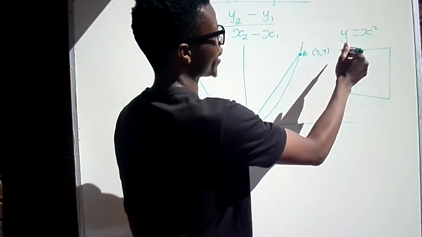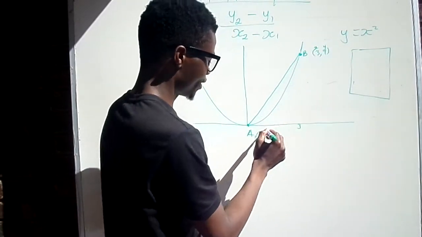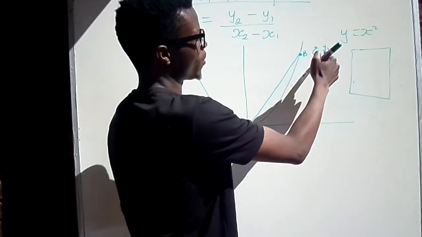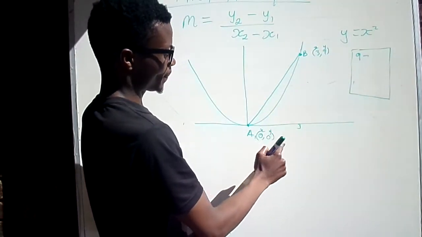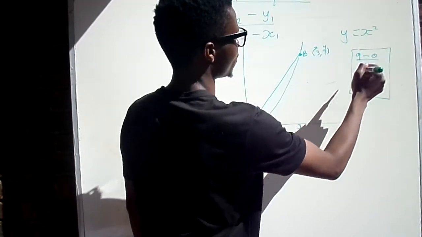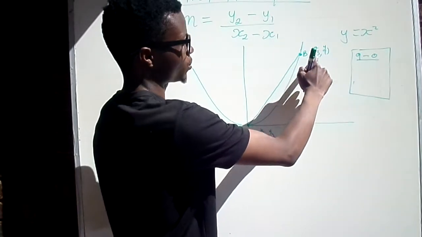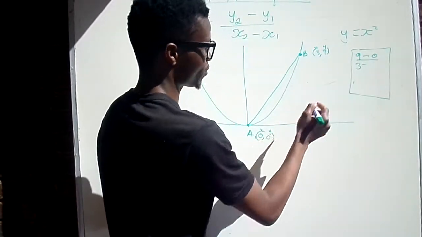So y2 is 9 minus y1 is 0, all over x2 is 3 minus x1 is 0.